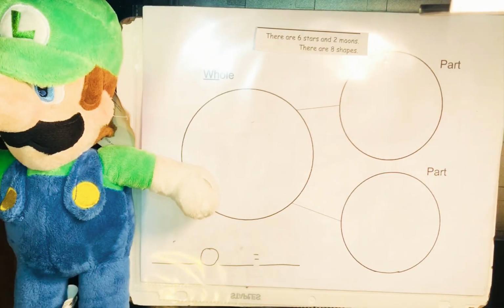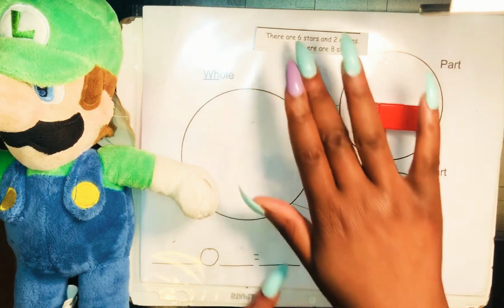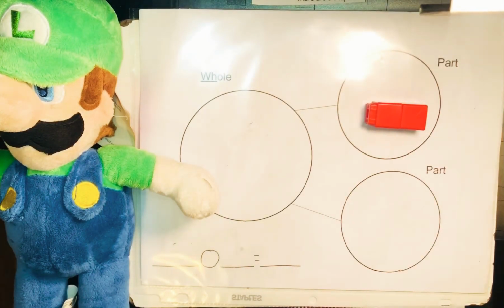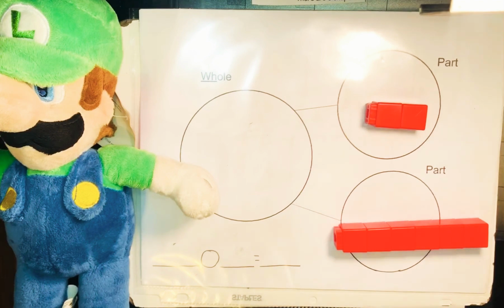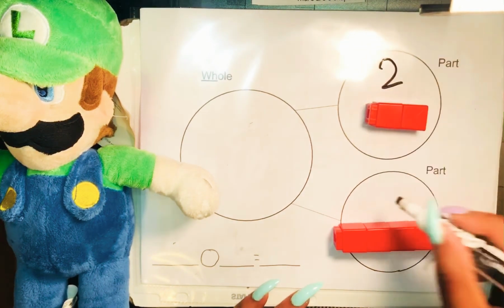So let me see. I have 2 moons and how many stars? 6 stars. 1, 2, 3, 4, 5, 6, and 6 stars. What does that tell me about 2 and 6?